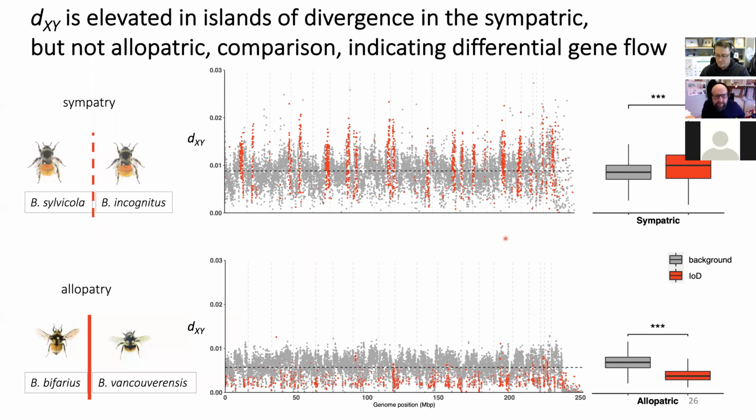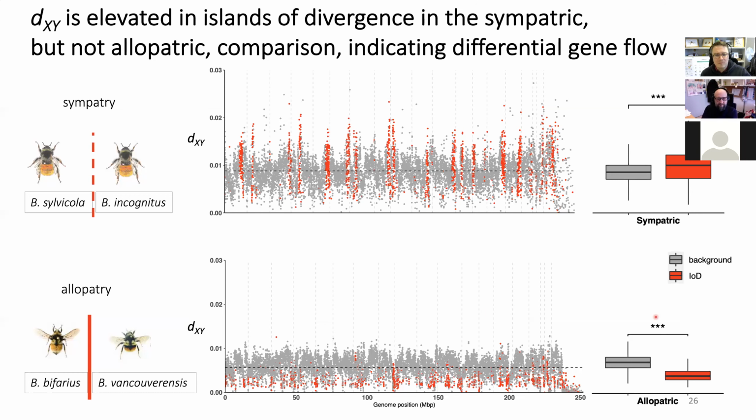Another thing that we can see is when we look at this DXY statistic, or absolute divergence, this shows a very different pattern if we compare the sympatric and the allopatric comparison. So in the sympatric comparison, we can see that DXY is significantly elevated in our islands of divergence, whereas in those same regions, it's reduced in the allopatric comparison.